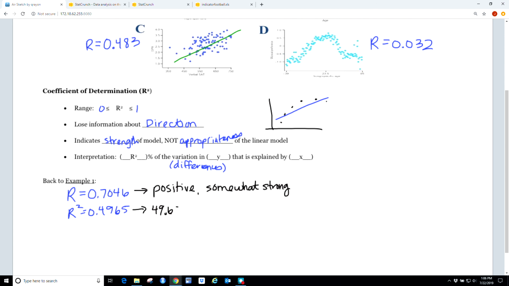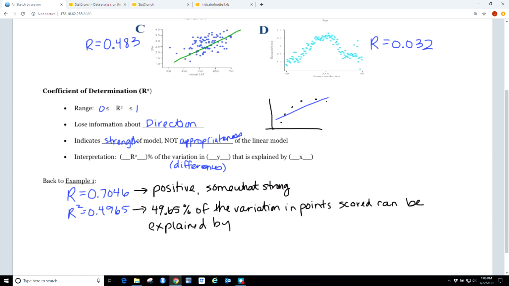And so I get 49.65% of our variation in y, which was points scored, can be explained by our x, which was total yards in the game.